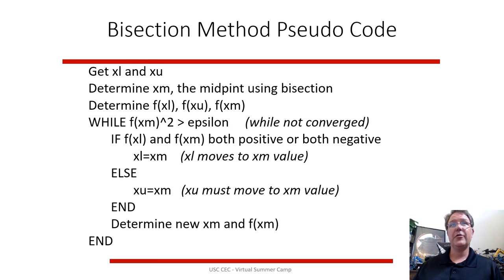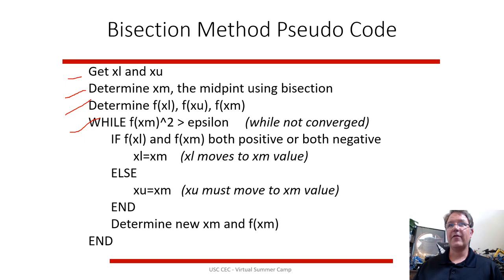So here's the pseudocode. Get your lower and upper bounds, determine the midpoint, find the function value at those lower, upper, and middle values. If you take the value at the middle point and square it, that's going to be a positive number. As long as it's bigger than some small number, keep doing it, assuming your logic works.